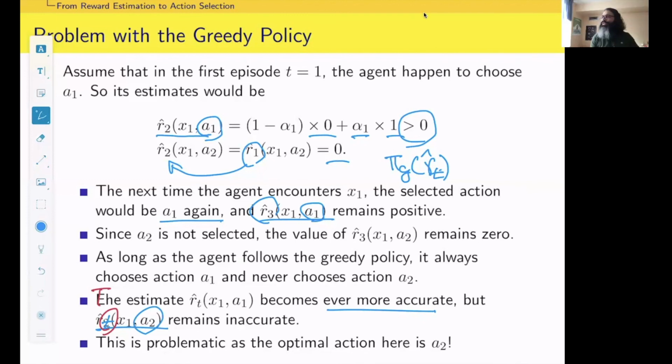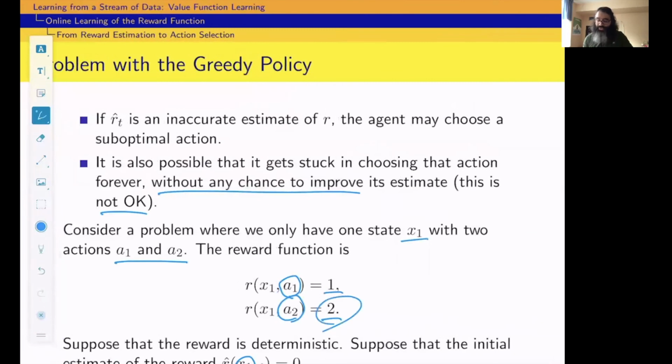This idea is called optimistic initialization. The problem you see here started because the initial value of r hat was equal to 0, but the true value was 2.